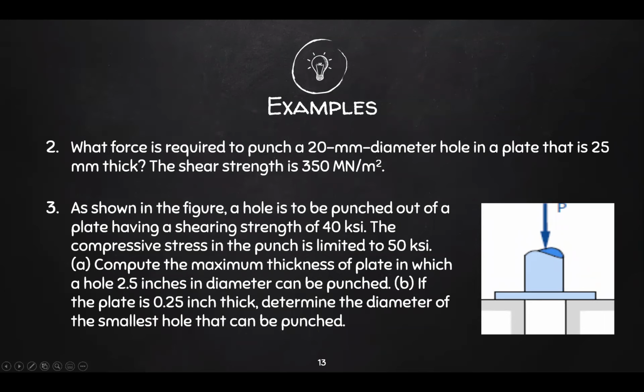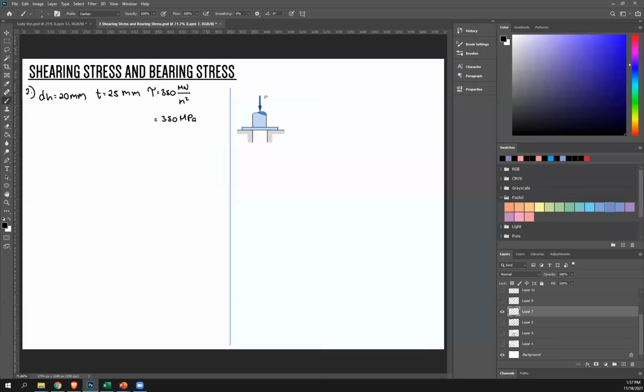So let's draw what's happening. You have a hole. Let's say this is your punch, your cylinder, right? And then it's going to produce a hole like this.